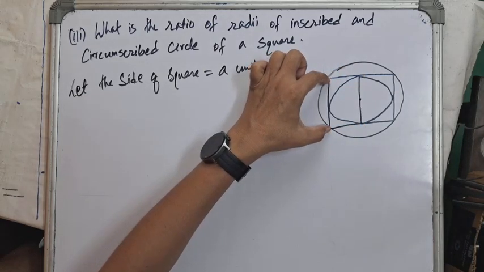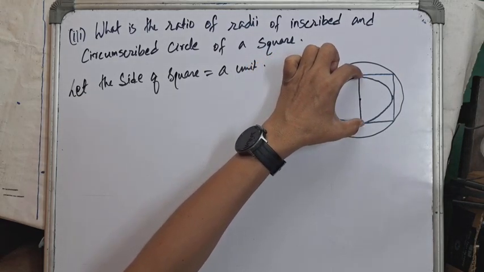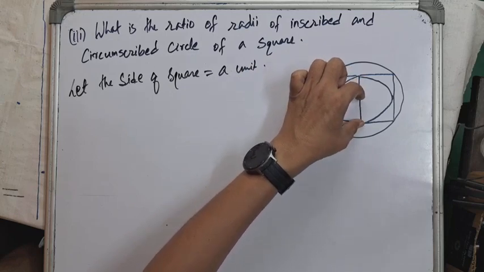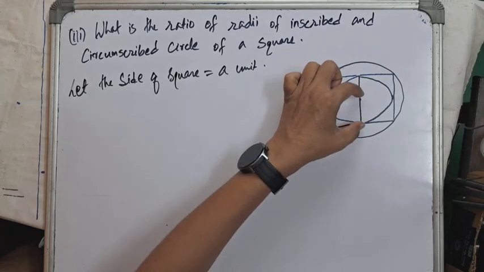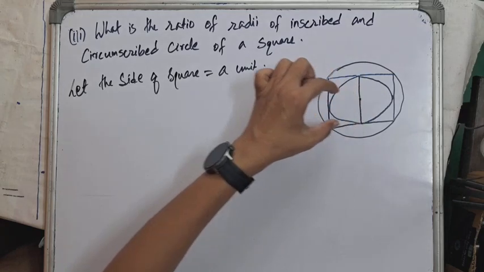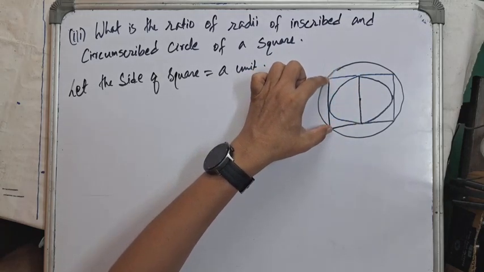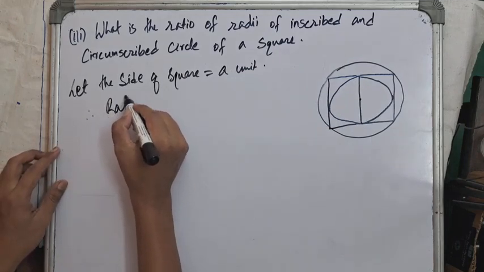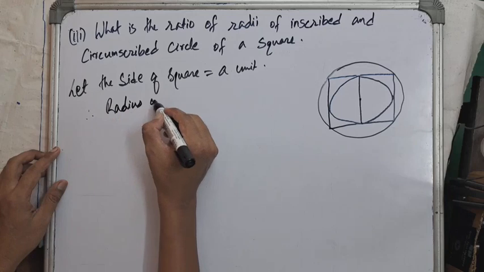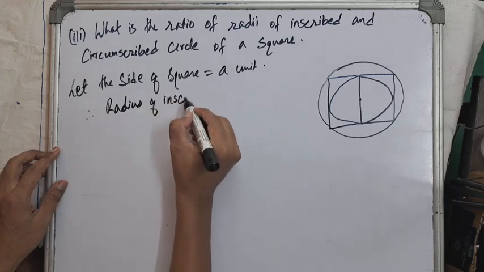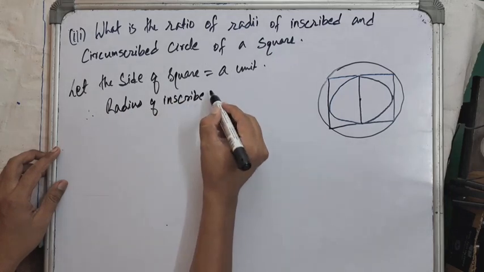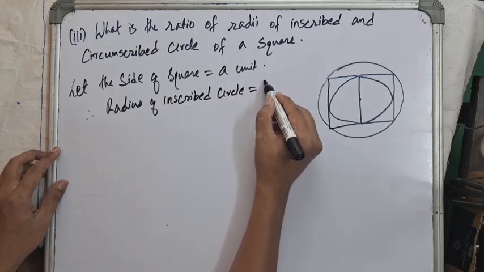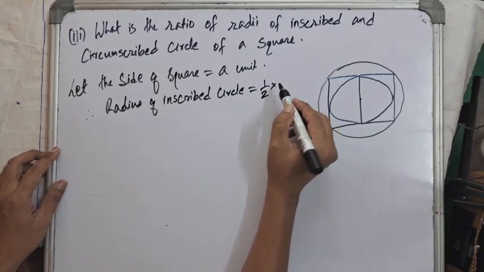Radius is half of the diameter, so the radius of this inscribed circle must be equal to half of the side of the square. Therefore, radius of inscribed circle equals half of the side of the square.